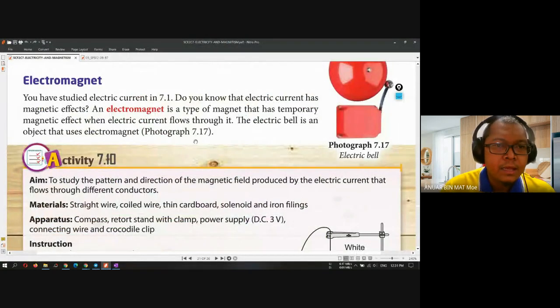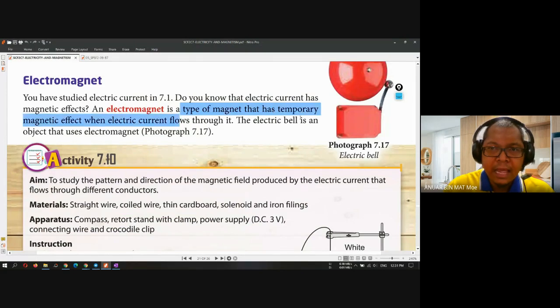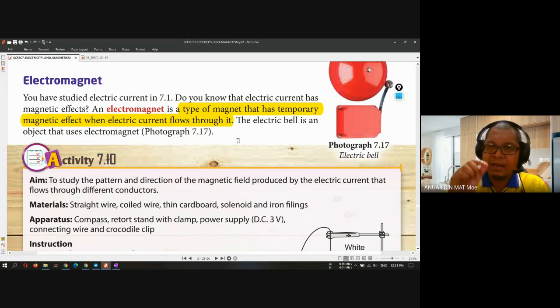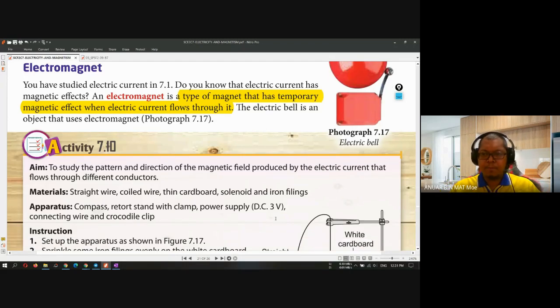An electromagnet is a type of magnet that has a temporary magnetic effect when electric current flows through it. When there is an electric current, it will be magnetic. If there is no electric current, it will not be magnetic. Simple as that, right?